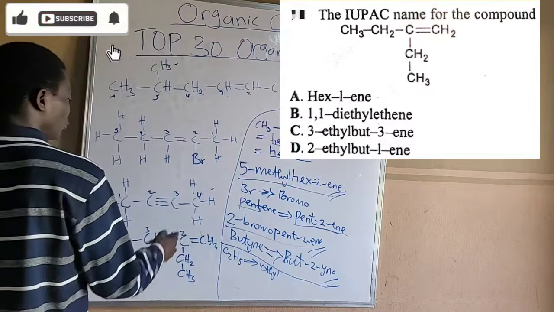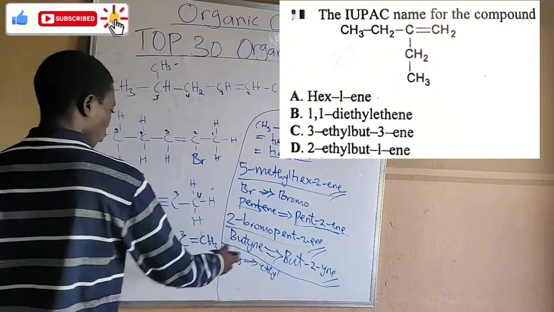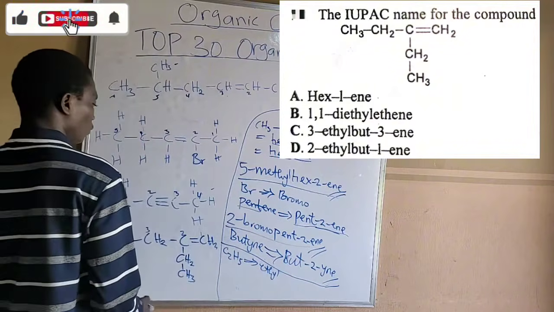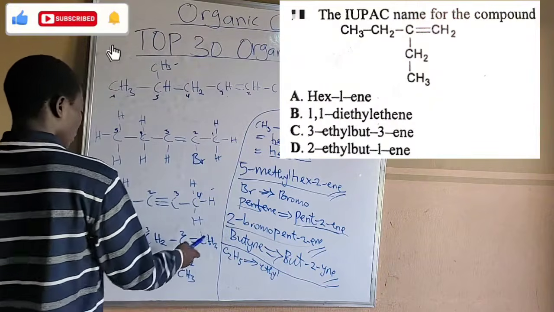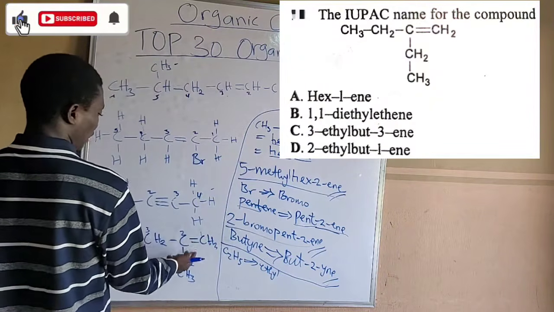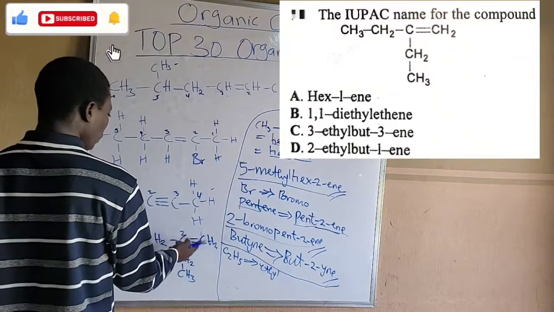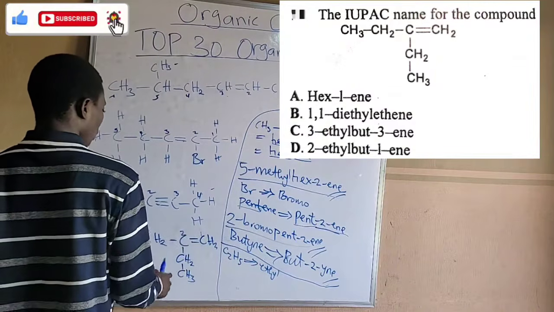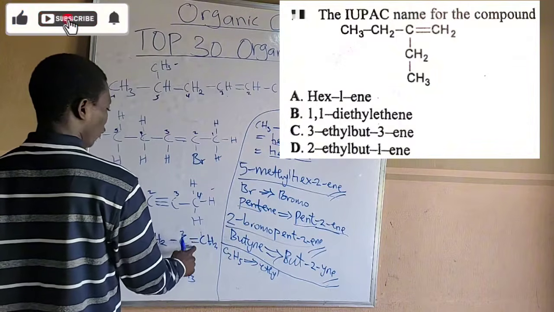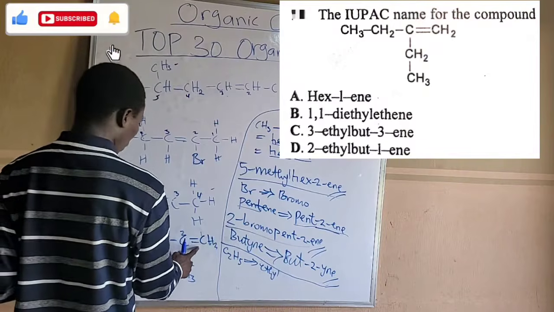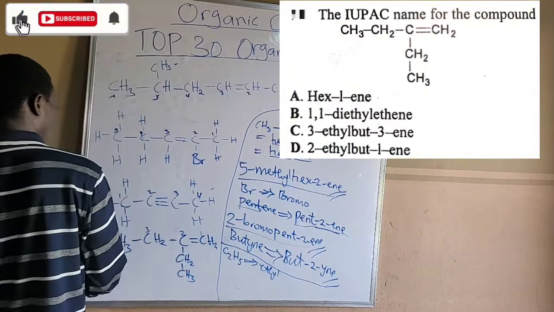Now, since you already know the substituent to be ethyl, what will be the parent name? This double bond tells us the parent name. So that is from the family of what? Alkene. Alkene has a double bond. Which member has 4 carbons?